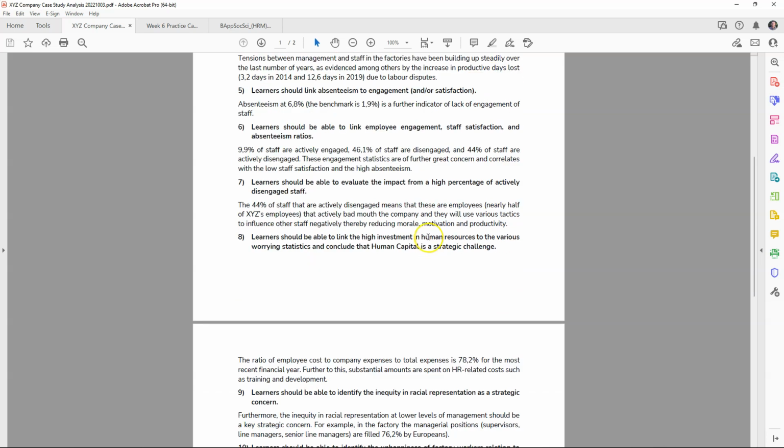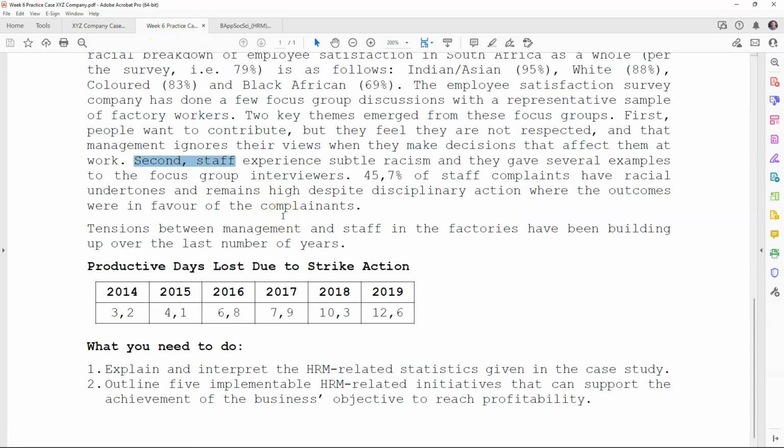Okay. I just want to go back to the case study again. The productive days lost due to strike action would be a way for the staff in the factory environment to express their dissatisfaction.